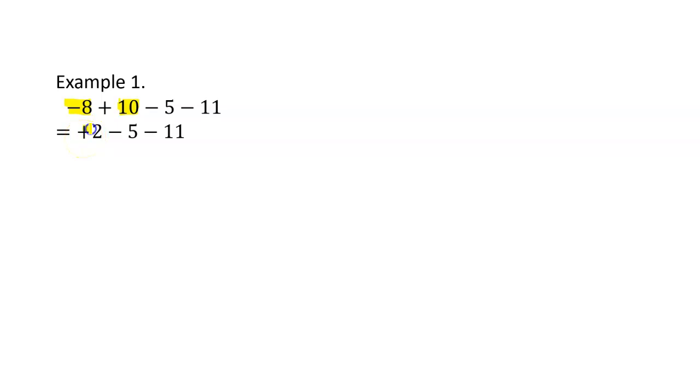Now we're going to work on positive 2 minus 5. This is a subtraction question. But the quickest way to do it is, because there's a plus sign that is omitted, you could put a plus sign back in front of the second number. This turns it into an addition question, because addition is easier than subtraction.